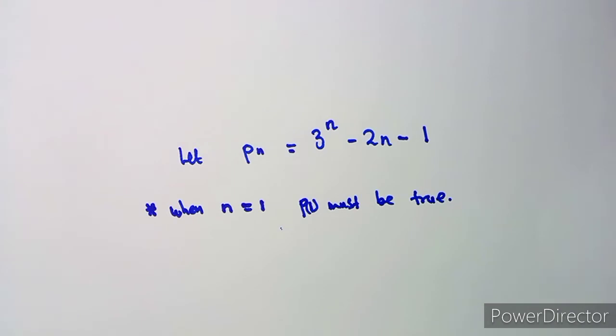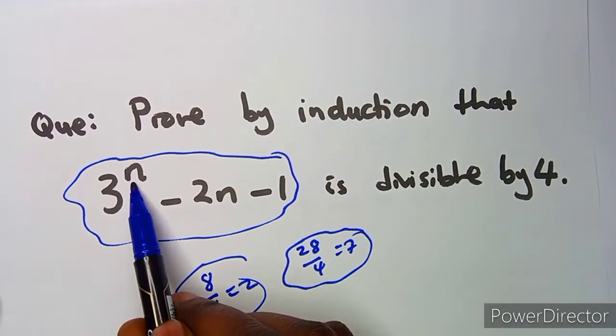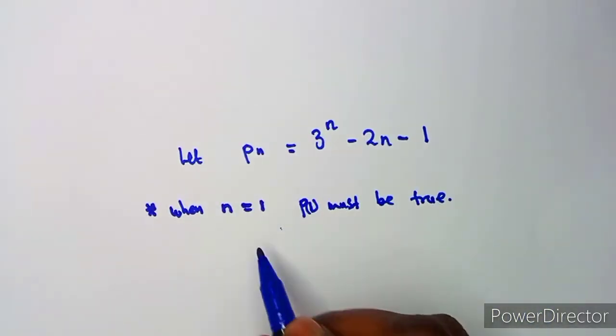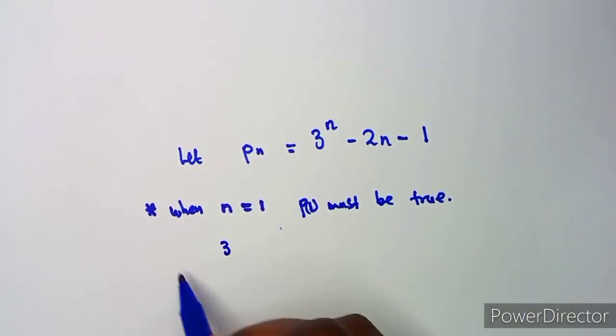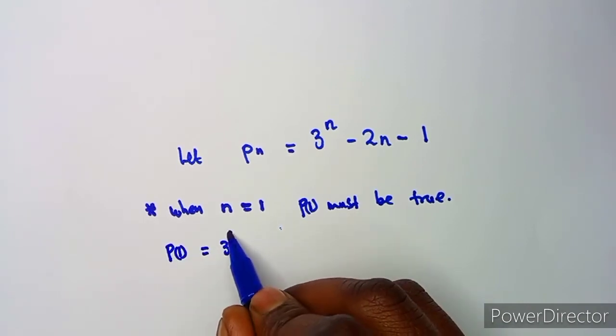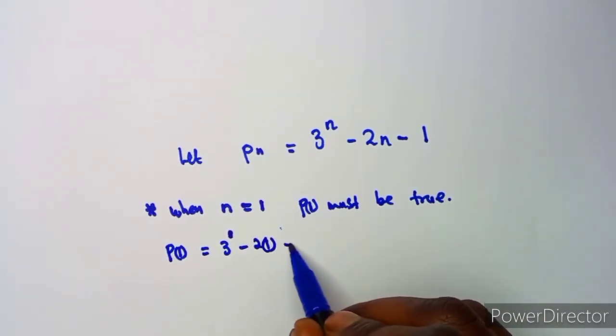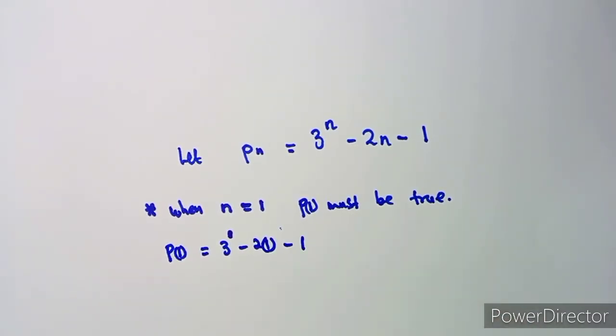All right, so this is the case, guys. Let me substitute the value of n, which is 1. In this case, you substitute 1, it means we have 3 to the exponent. Let's just write it as P1 so that we don't confuse each other. So that will be 3 to the exponent of 1 minus 2 times 1 minus 1. I want you to simplify properly. In this case, you're going to obtain a 0.